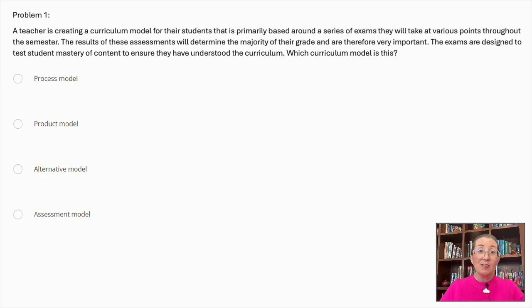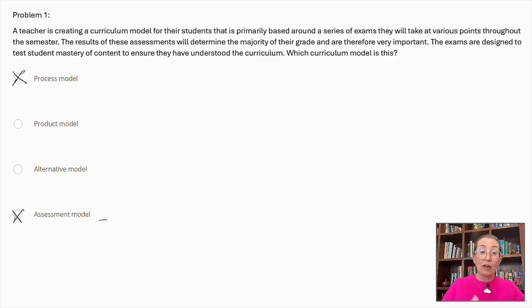Process model. This focuses on the learning experiences and activities during the educational process, not solely on the end results or exams. So this is not the correct answer. Now jumping to assessment model. While this emphasizes the use of assessments, it is a broader term and does not specifically align with the focus on the final products as seen in the product model.